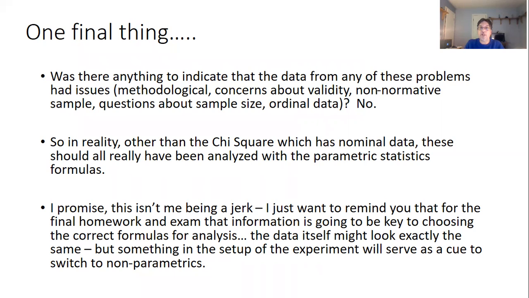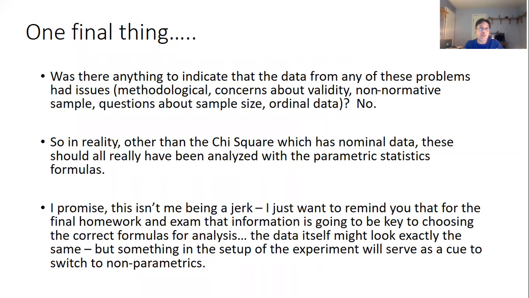First off, if there is ordinal data or interval ratio data that had something go wrong. None of these were ordinal data. These were all interval ratio data. And if you look at the actual question setups, there is nothing in the question setup that said anything went wrong. So those are the 2 rules in which we would have used non-parametric statistics.